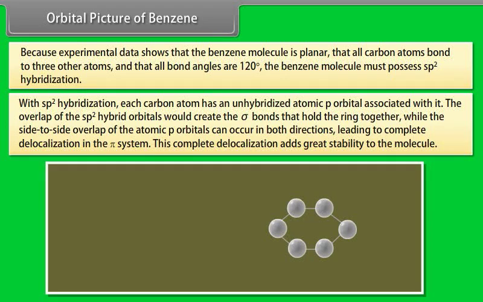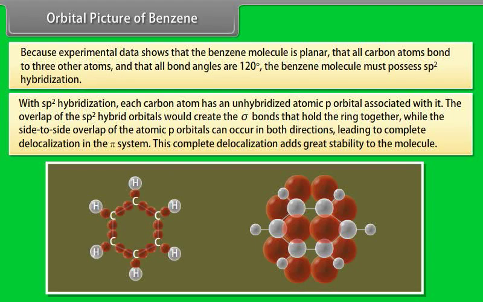The overlap of the sp2 hybrid orbitals creates the sigma bonds that hold the ring together, while the side-to-side overlap of the atomic p orbitals can occur in both directions, leading to complete delocalization in the pi system. This complete delocalization adds great stability to the molecule.